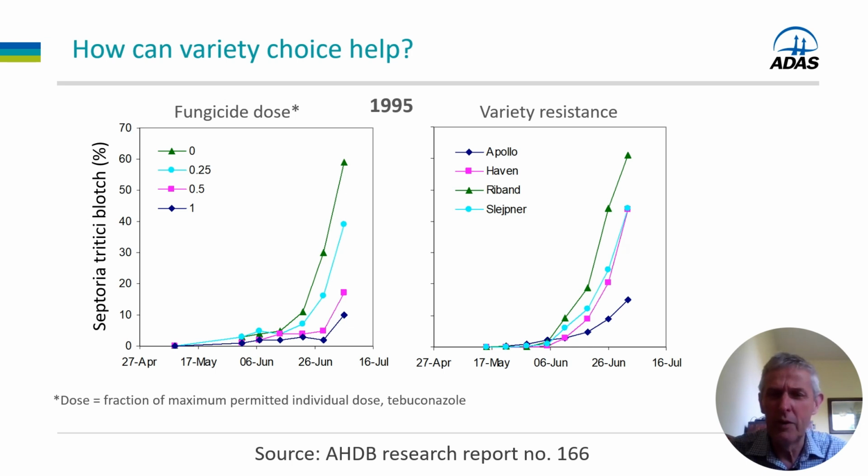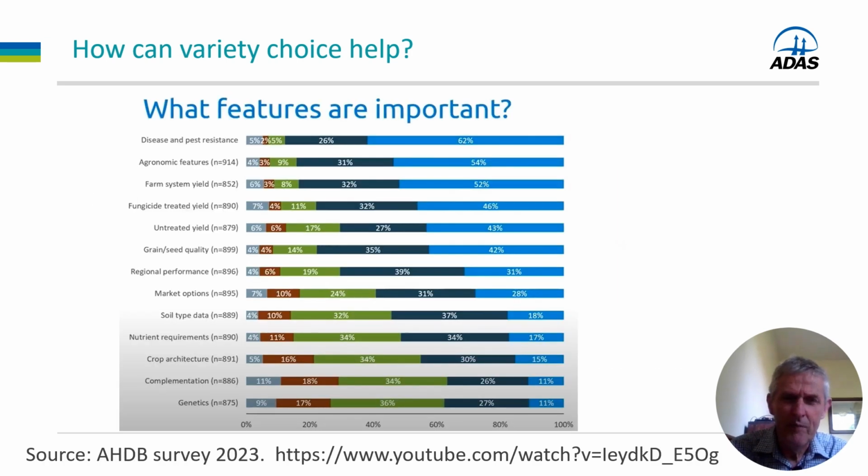So we got into a phase in the 1990s of growing quite disease susceptible varieties and applying quite a lot of fungicide in order to control disease. Now, that situation has changed very markedly in the last 30 years, and it's illustrated by this data from an AHDB survey carried out in 2023 of farmers and advisors.